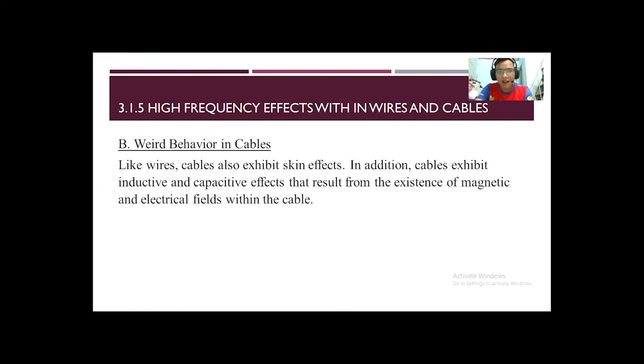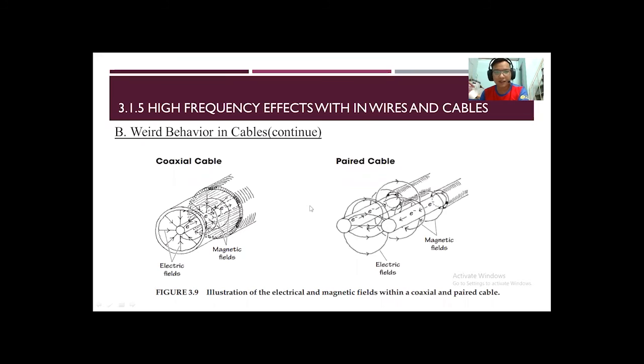Of course, it's likewise. Cables also have this effect, but they also have inductive and capacitive effects because of the magnetic field and electrical field in the cable. Here we have two types of cables: first is the coaxial cable, and second is the twin pair cable.